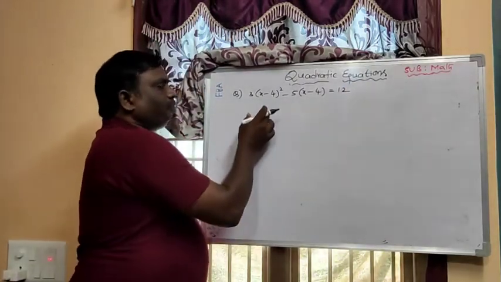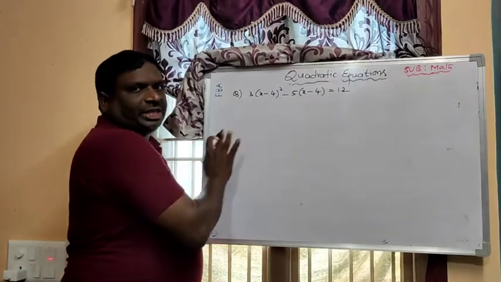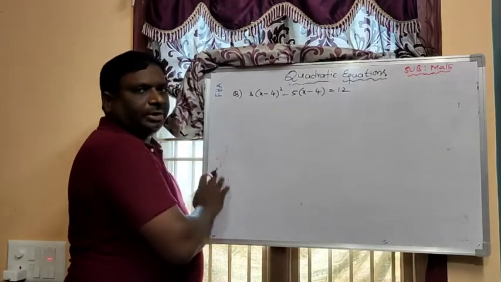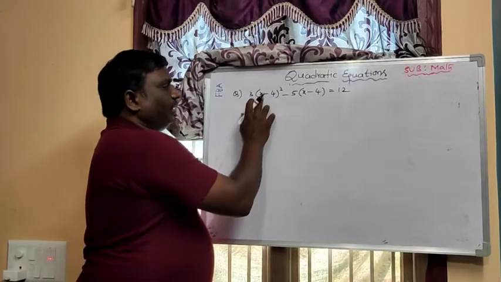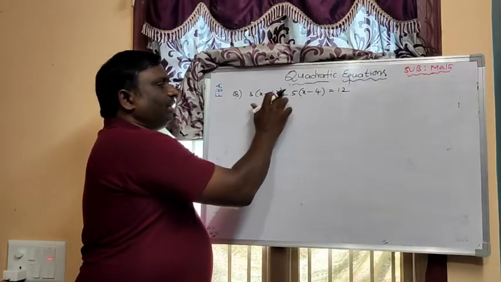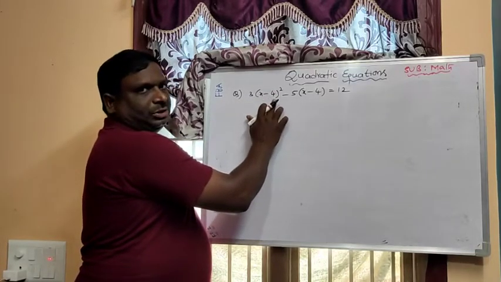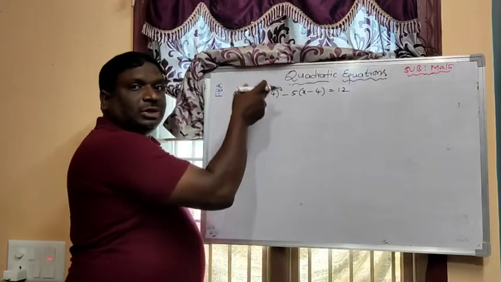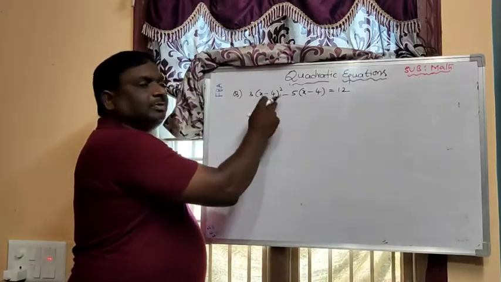Now see here, this is not a simplified expression. We have to simplify. How to simplify? Already I said we cannot apply the square separately to these two terms, which are in the form of (a − b)². We have to apply the identity of (a − b)².